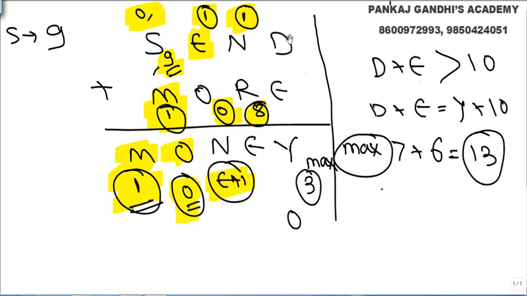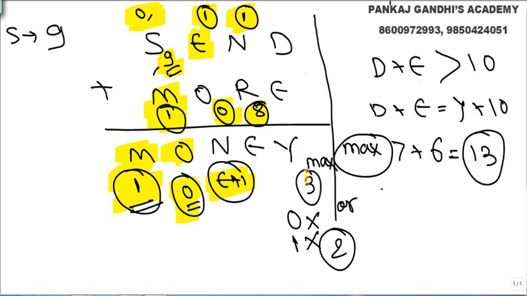Why can't it be 0? Y cannot be 0 because already O is 0. Y cannot be 1, M is already 1. So either Y is 2 or 3.